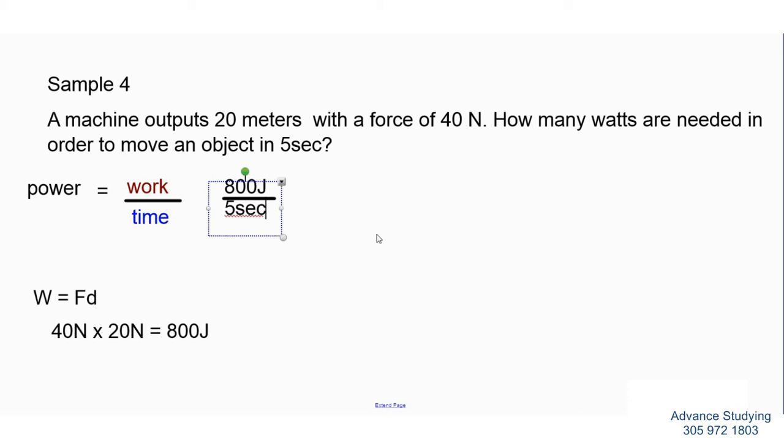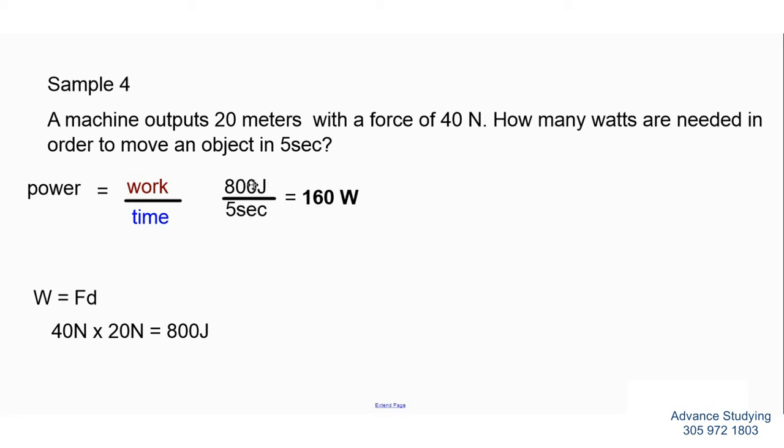So do the math and see what you get. I'm sure you got this. If you divide 800 over 5, it gives you 160. So the answer is 160 watts because you divided the work over the time.